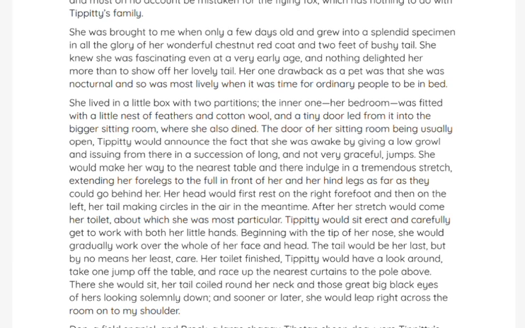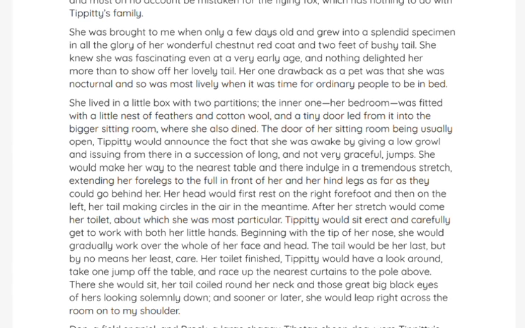Tippity would announce the fact that she was awake by giving a low growl, and issuing from there in a succession of long and not very graceful jumps. So whenever she wakes, she gives a little sound, a growl, and does a kind of jumps which are not very graceful.